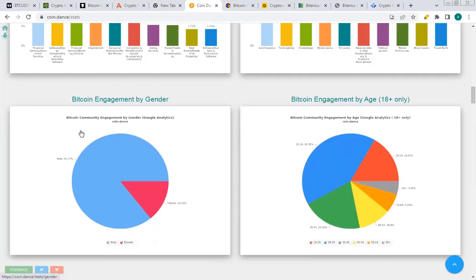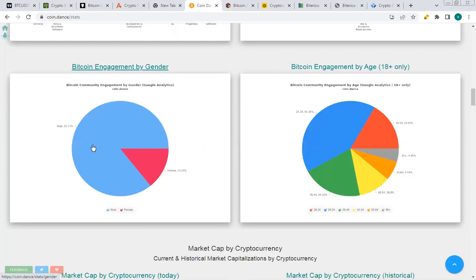If we have a look here at some of the charts about Bitcoin engagement, we can see that at the moment, 85% of Bitcoiners are male, 14% are female. So traditionally a male-dominated area, but this is changing, and it probably won't be too long within the next couple of years where we'll see this closer to 50-50.